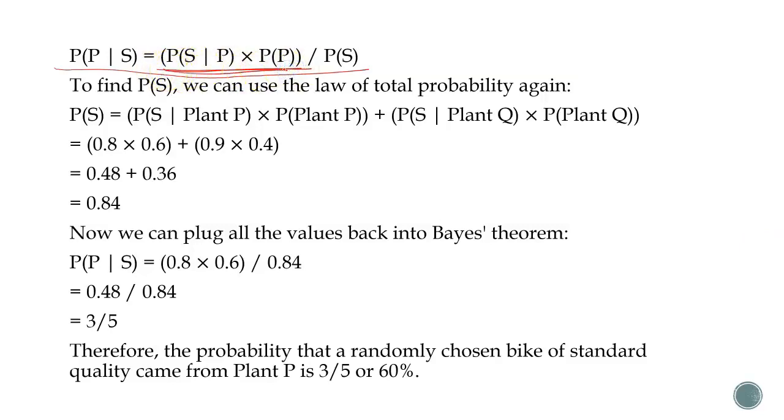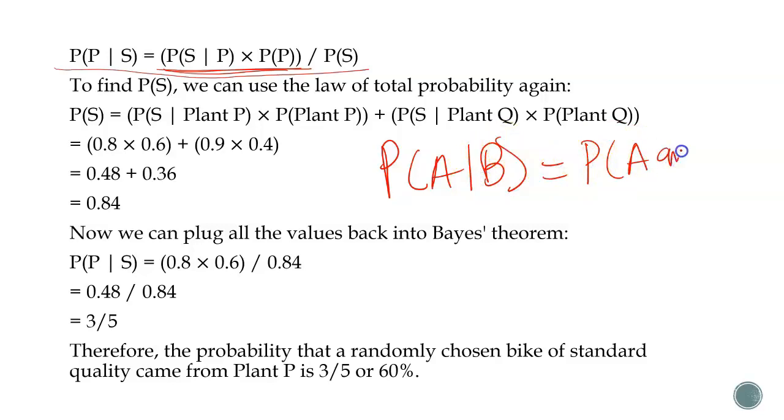From the previous video we realized that whenever you have the probability of A given B, it is the same as the probability of A and B over the probability of B. This is based on what we've done previously.